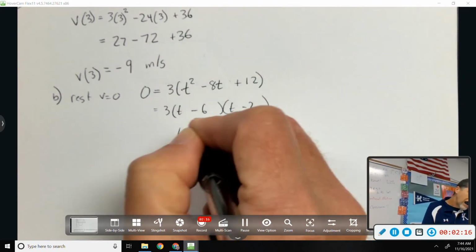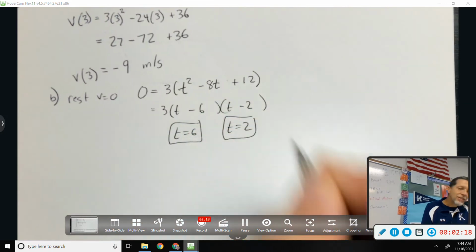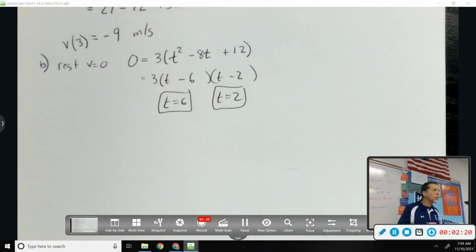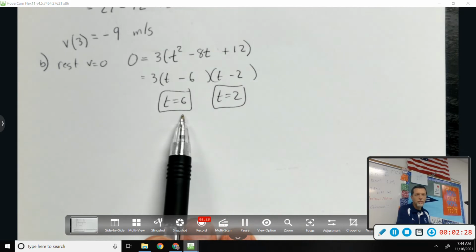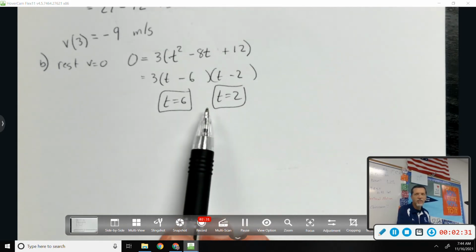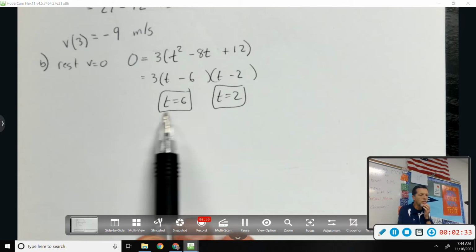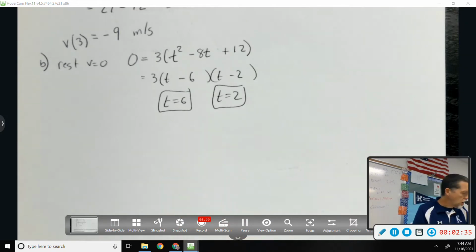So it's at rest at 6 and 2. That's really important for total distance traveled. That's the one we started with, what prompted this question. So at 2 and at 6, it's probably changing directions. So that's what I'm really concerned about, is what's going on at 2 and at 6.